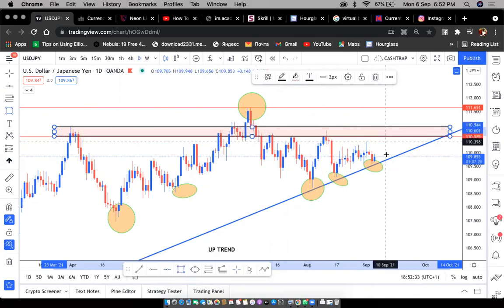So this is a strong area that you can look at. Okay, so when price comes into this red box, you can look for possible sell orders.